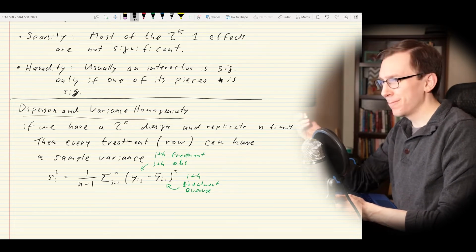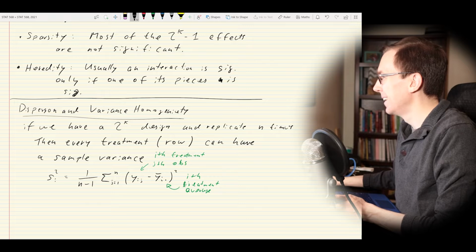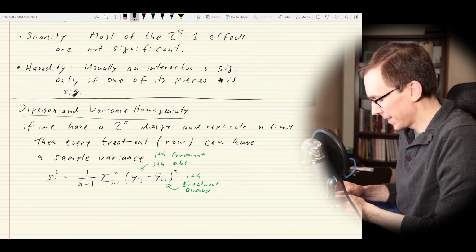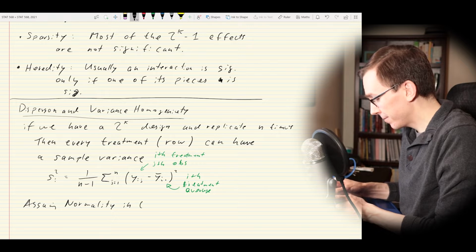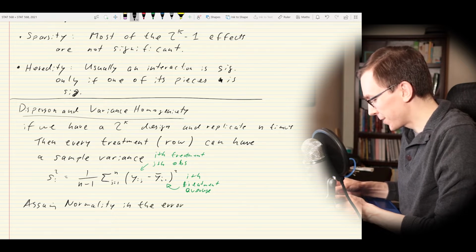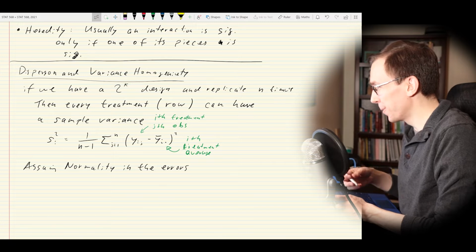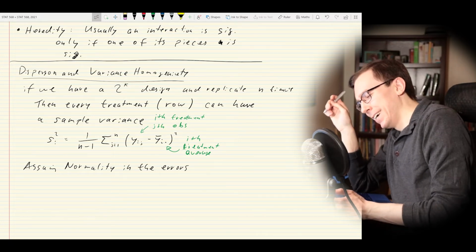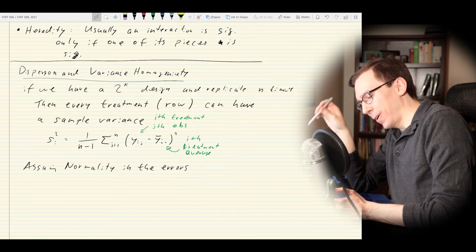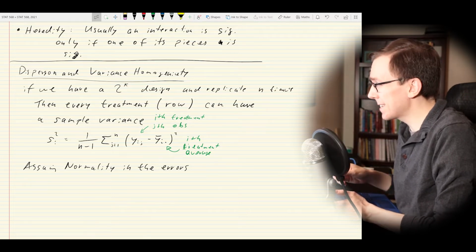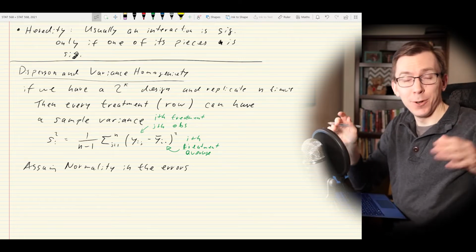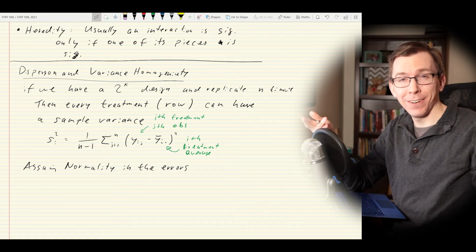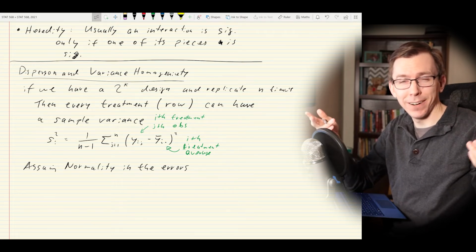Okay, that's fine, not that interesting, but we can go a little bit further, because assuming normality in the errors, a reasonable enough assumption, what does it mean for our S_i squared? It means S_i squared is going to look like a chi-squared distribution, because if you take a normal random variable and square it, you get something chi-squared.